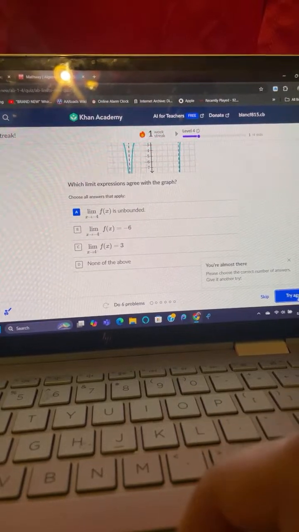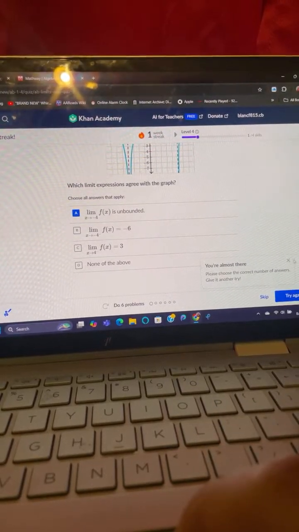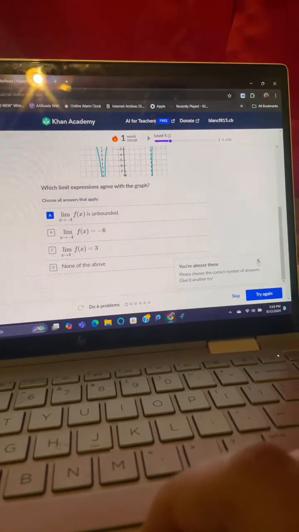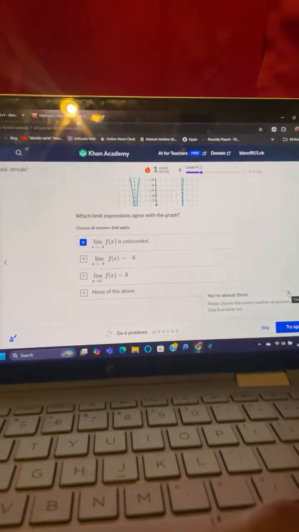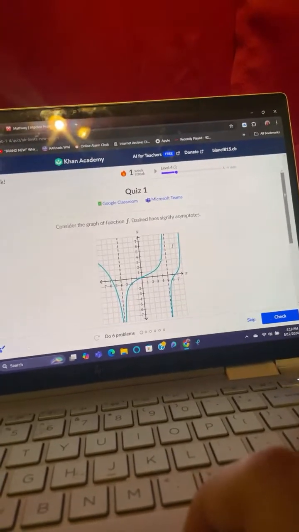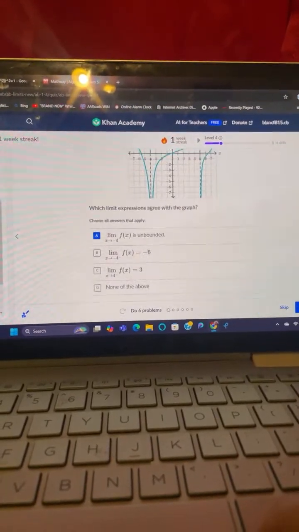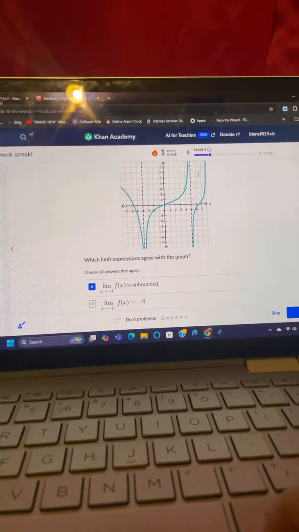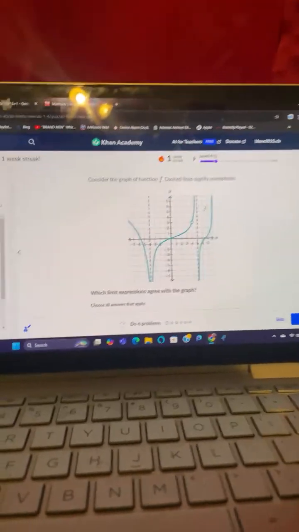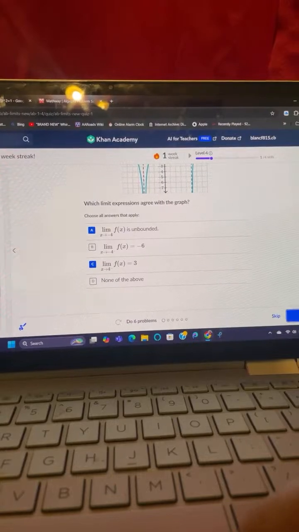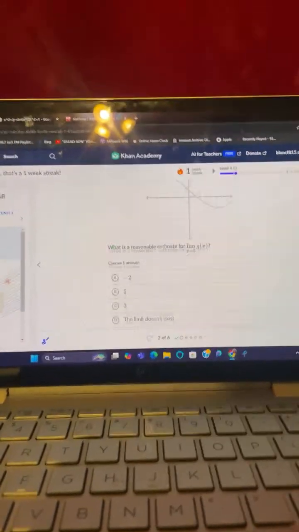I might get this wrong, but... Choose the correct number of answers. Give it another try. Oh! Okay. I didn't even see that. I think this could be correct. 4 from the left side approaches 3. Is that correct? Yes.